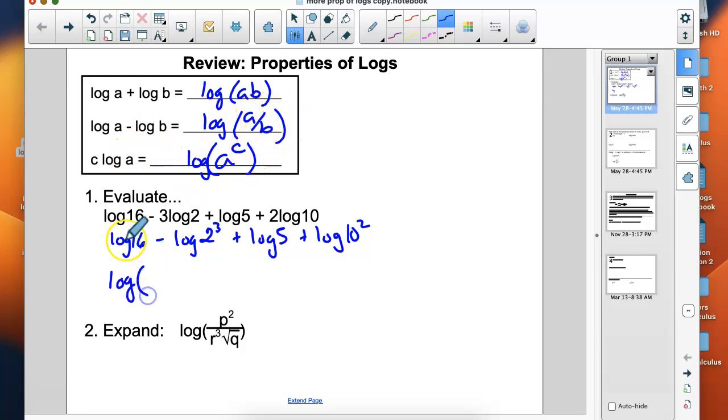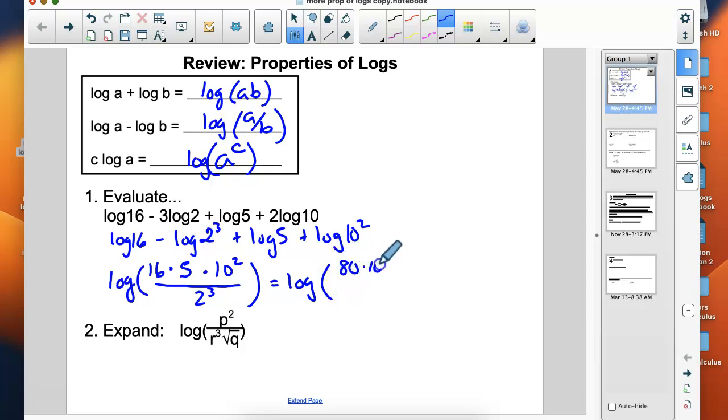In other words, the positive numbers are going to go on the top, so 16 will go on the top, 5 will go on the top, multiplied, and 10 squared will go on the top, and on the bottom will be 2 to the third. Anything that's negative goes on the bottom. So before I actually do this out, this is 16 times 5, that's 80 times 100 divided by 8.